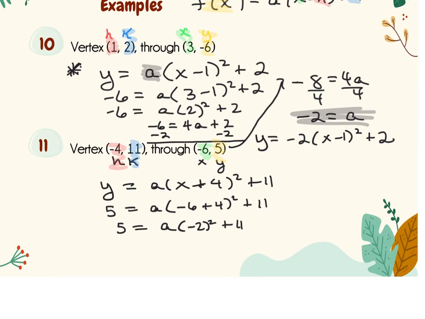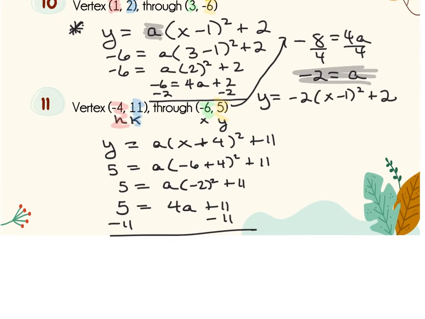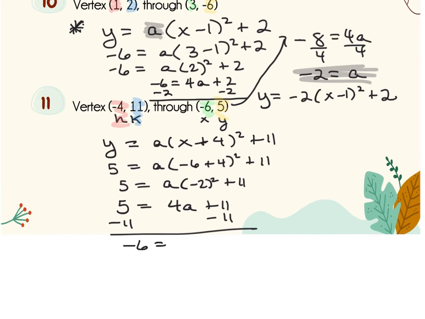And now I'll square the negative 2. It becomes 4a plus 11. Subtract the 11. Negative 6 is equal to 4a. Divide by 4. Negative 3 over 2 equals a, because I can reduce the 6 over 4.